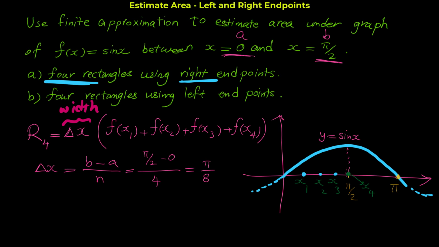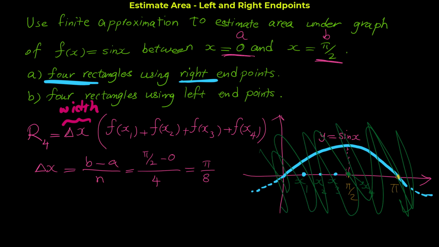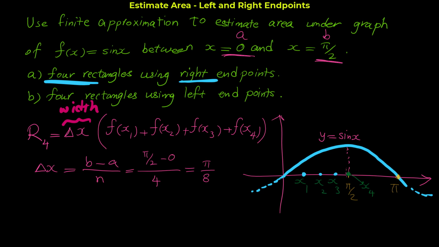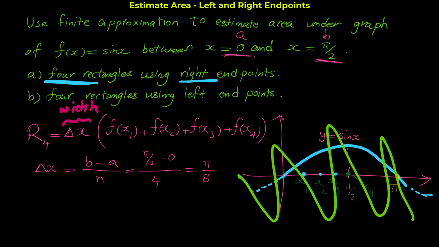But what are x1, x2, and x3? And what is the general formula? I told you, you don't need to look at the graph. You don't need to draw anything for yourself. Just use the formula and you can simply estimate the area. So, if we ignore this graph, what is xi in general? Xi, where i can be 1, 2, 3, any positive number, and also 0, is a plus i times delta x.